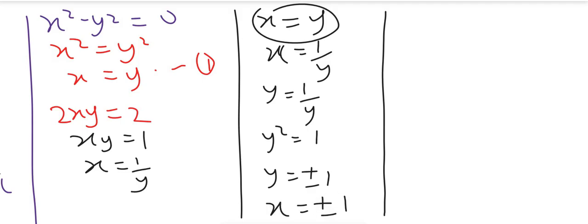So therefore, don't forget the complex number x plus iy or x plus yi. z is equal to x plus yi. So when x is 1, y is also 1, so which is 1 plus i.